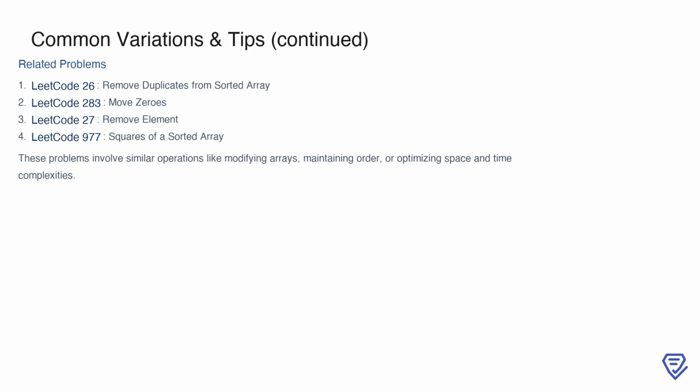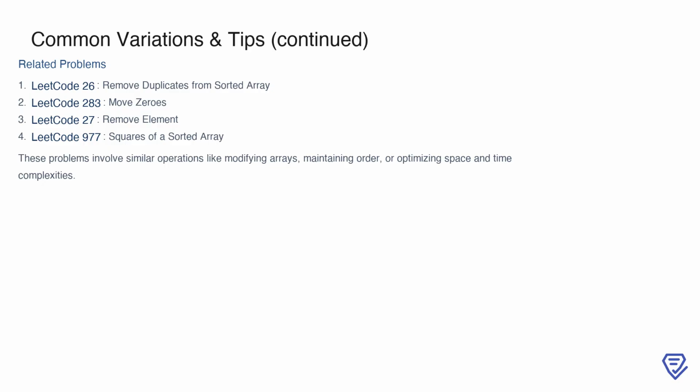To deepen your understanding, it can be helpful to explore related problems that share similar concepts. For example, LeetCode 26, remove duplicates from sorted array, involves modifying an array in place to maintain order while removing duplicates. Similarly, LeetCode 283, move zeros, requires shifting elements while preserving relative order.